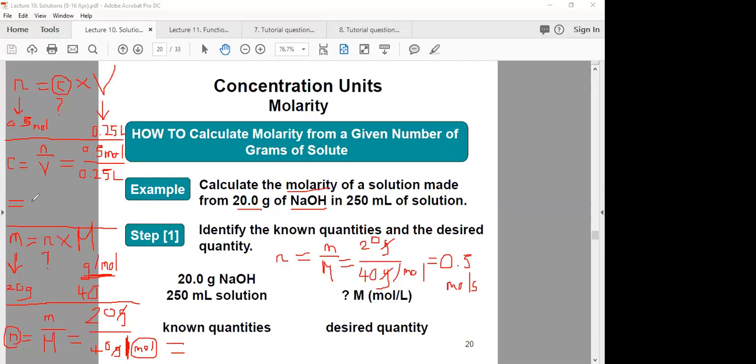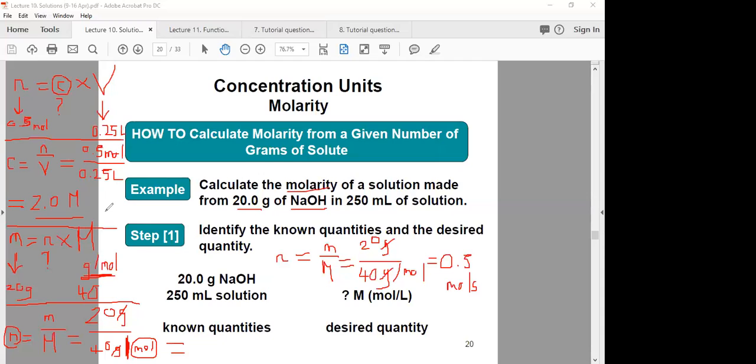So what answer did you get here? 2.0 moles per litre, or just big M, molar. 2 molar. Or if you write 2 moles per litre, I would accept that just the same.